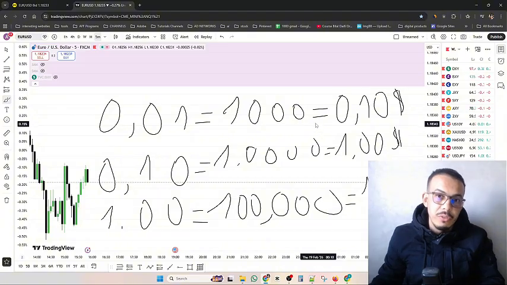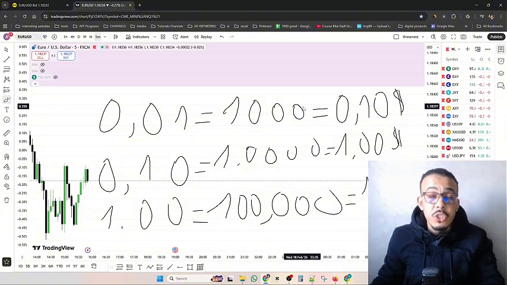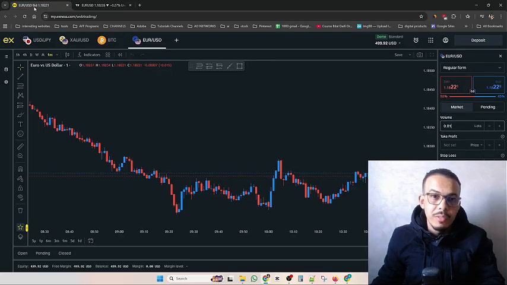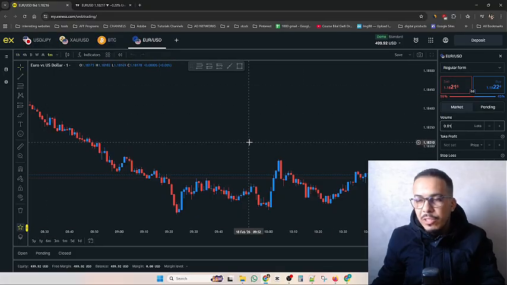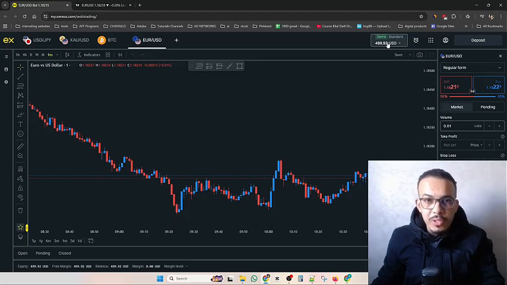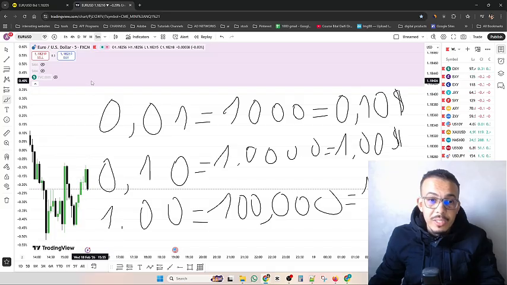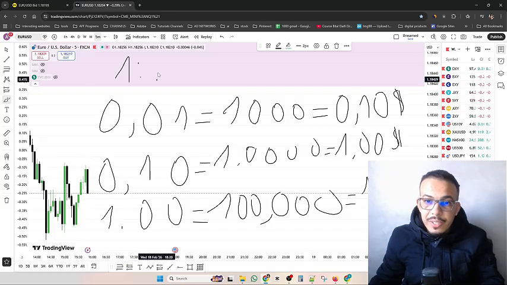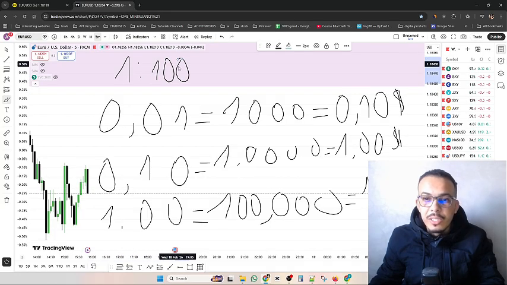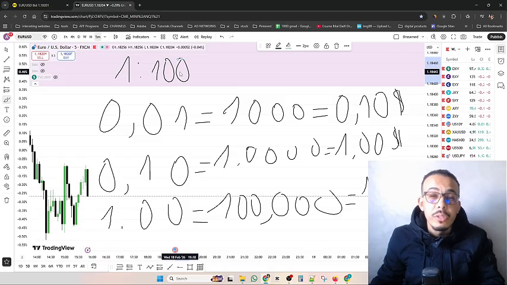Now let's move on to the leverage. Okay, the leverage is money you borrowed from your broker. Okay, it's not your money. I will give you an example. So as you can see here, I have this broker here, and I have this demo account with, let's say, $500. And the leverage, account leverage, is 1 to 100. What does this mean exactly? 1 to 100 means that you can trade 100 times your capital.